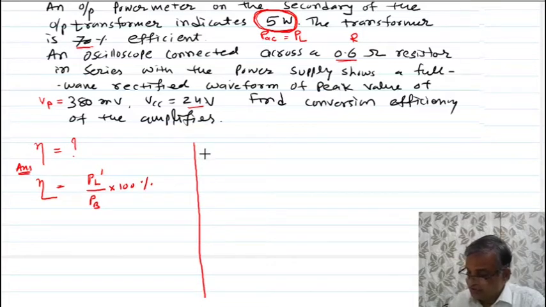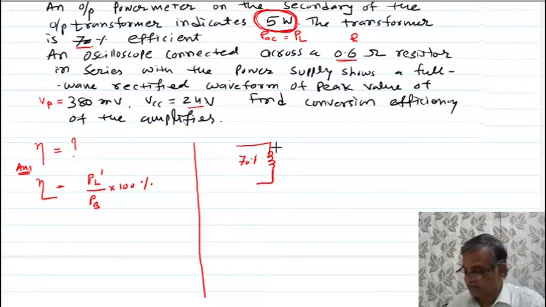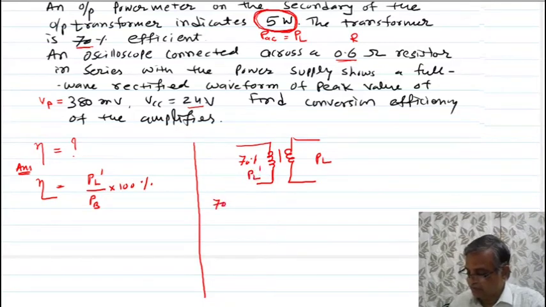The transformer is 70% efficient. Here you are getting PL dash, and 70% of PL dash is transferred to PL.